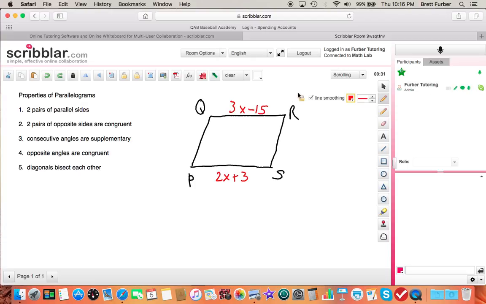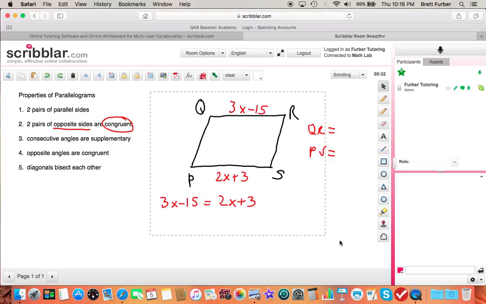So, based upon what's given, they are giving me the length of 2 sides, specifically 2 opposite sides, and we know from one of these properties that opposite sides are congruent. Therefore, I'm going to set those congruent to each other. The directions say, in this example, to find the value of x and then also to tell us the length of QR and PS.